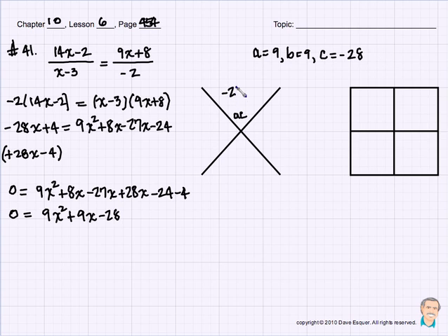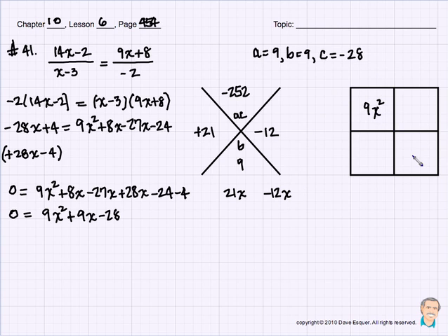We end up with AC of minus 252 and B being a positive 9. And our terms turn out to be 21 and a minus 12. So we've got a 21x and a minus 12x that we're going to have to place.